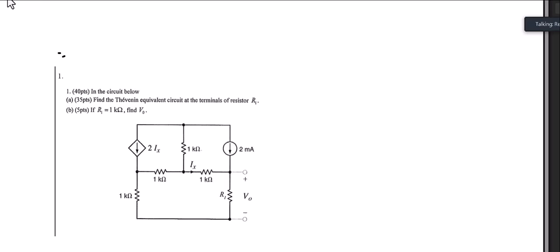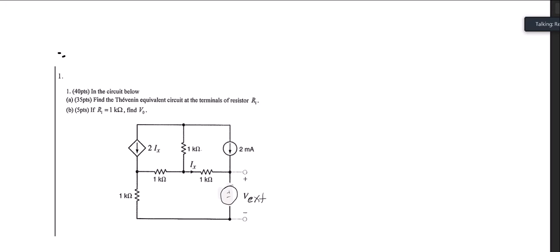What we do in this instance, and you only have to do this when you have a dependent source, is put something called V external right here. So I'm going to put a voltage source right here, and I'm just going to call it V external. It doesn't matter what the voltage is. If you wanted to actually give it a voltage, you could. I am not going to in this problem because I don't need to. But you could make it 1 volt.